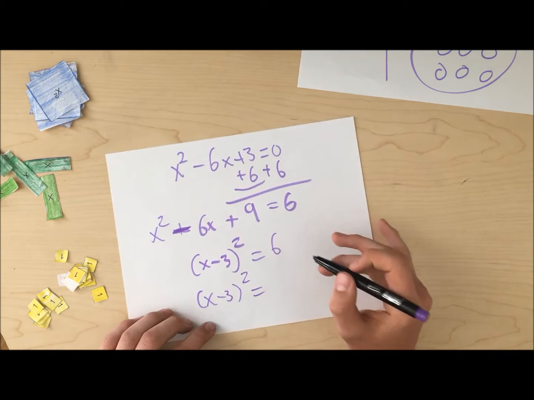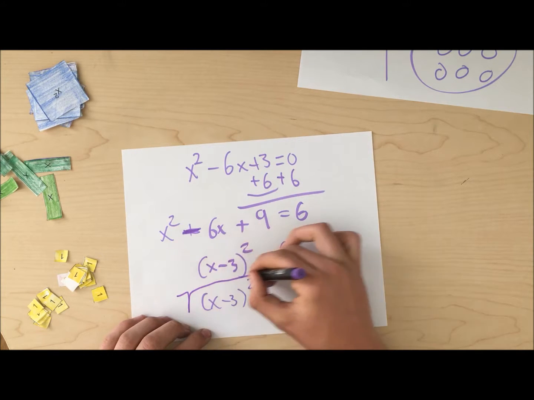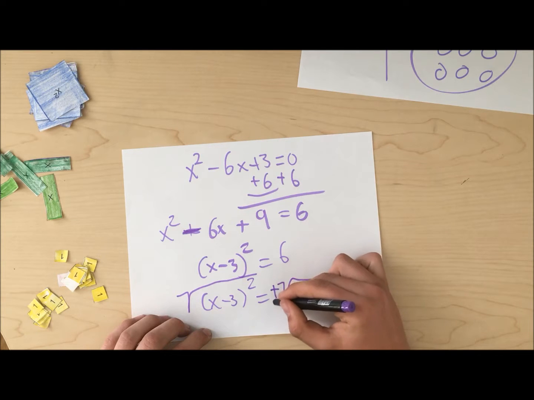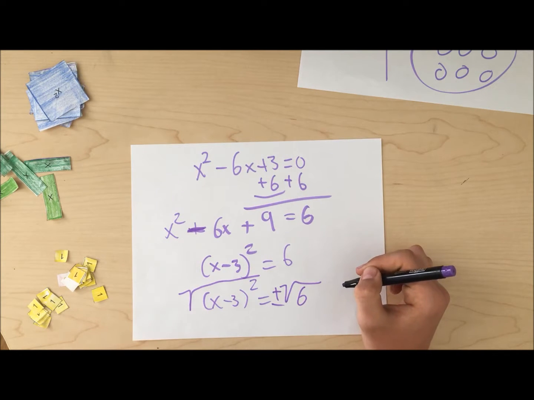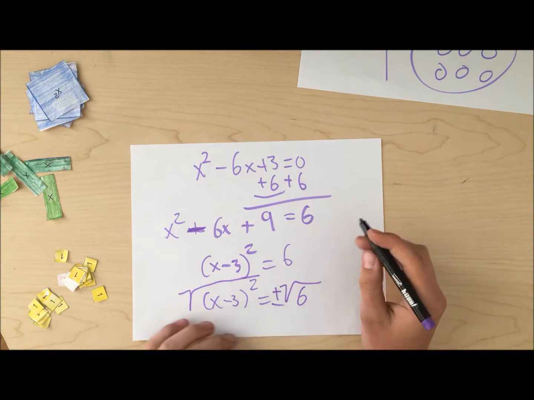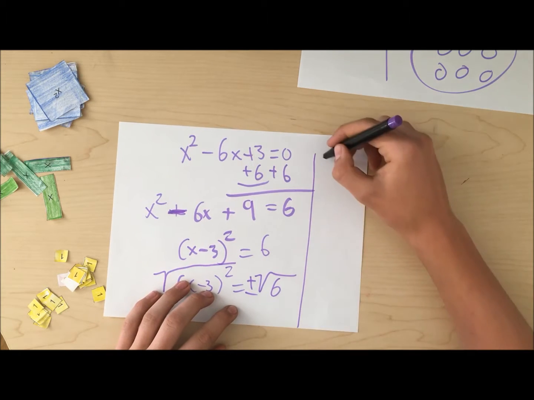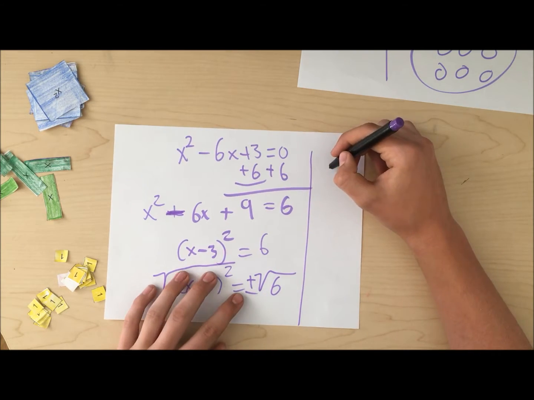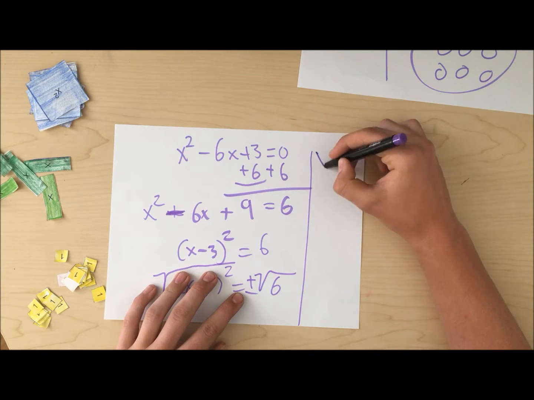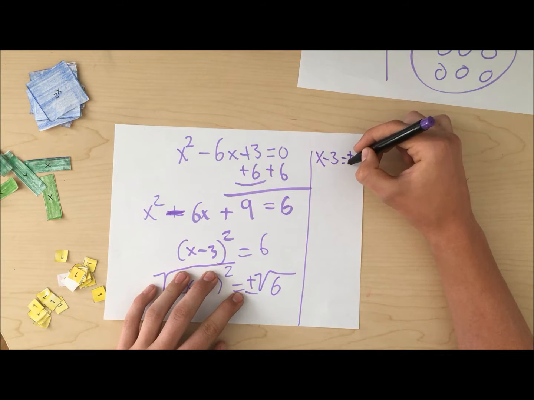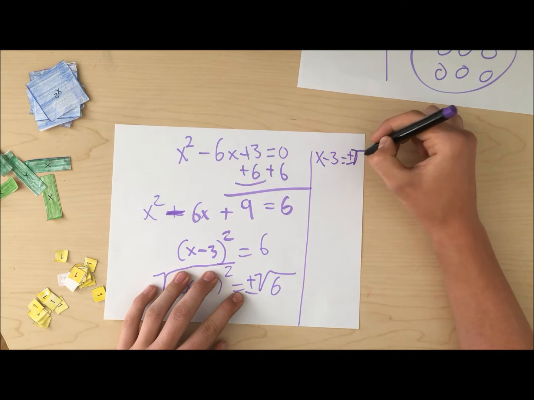Since it can be positive or negative, over here we have to plus or minus 6. Which would have to end up being, we have to subtract that 3, which would end up being x subtract 3 equals plus or minus 6 squared.